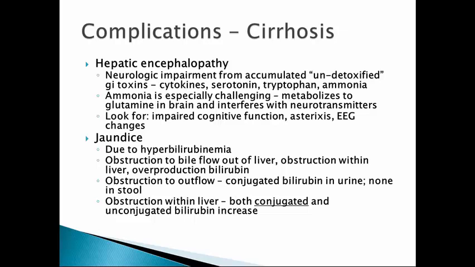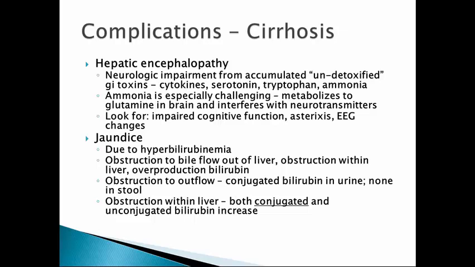What we look for in individuals with hepatic encephalopathy is changes in their sensorium as well as their cognitive function and their neurotransmitter function. Hepatic encephalopathy is usually graded 1 to 4, with 1 being mild and 4 being essentially comatose.